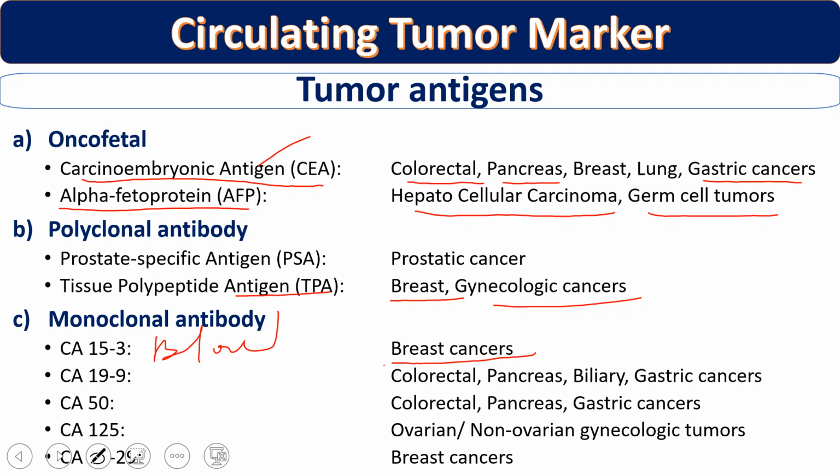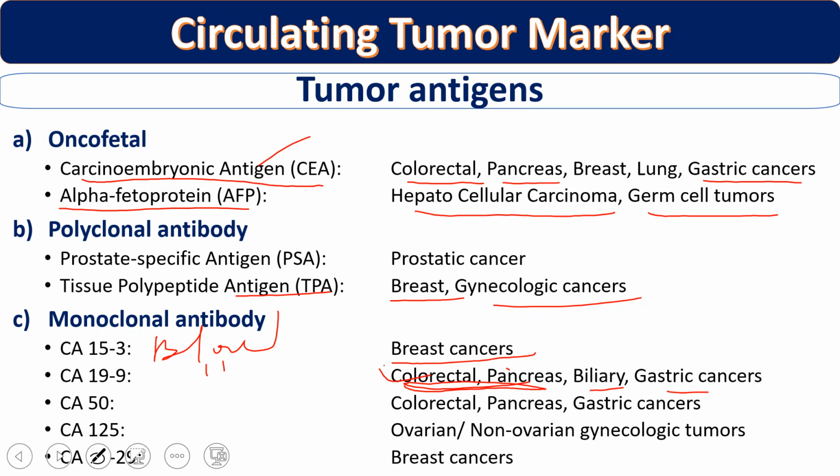Similarly, CA19-9 is specific for colon cancer and pancreatic cancers. It is also associated with biliary cancer and gastric cancer, but mainly colorectal and pancreatic cancers. Here also we take a blood sample.